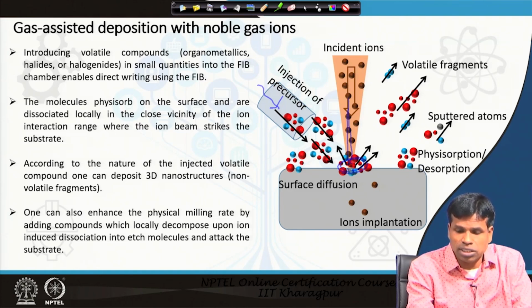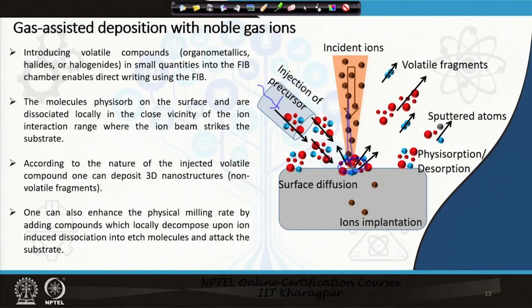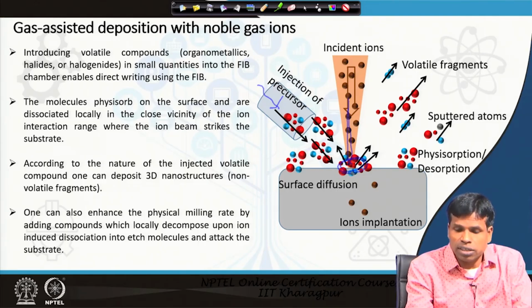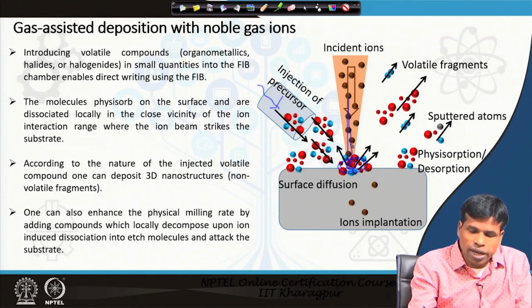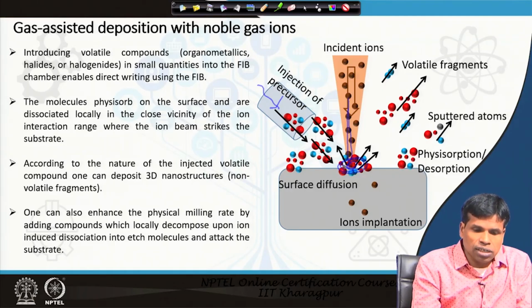During this process, deposition will occur on the specimen where the incident ions interact with the specimen and the precursor material, producing a deposition in the region of interest where the ion beam is striking. Other things, like volatile fragments, will go away.